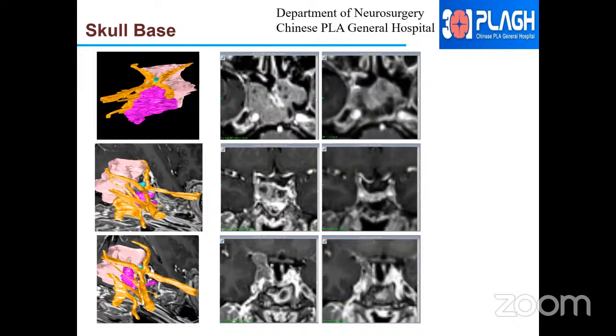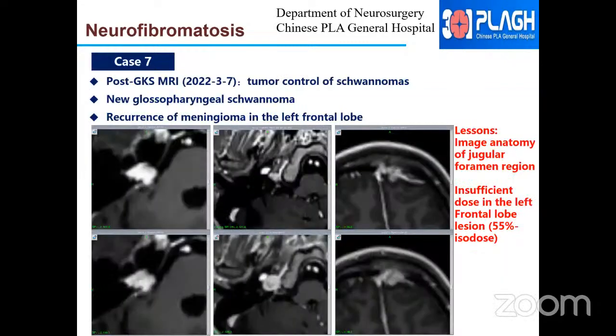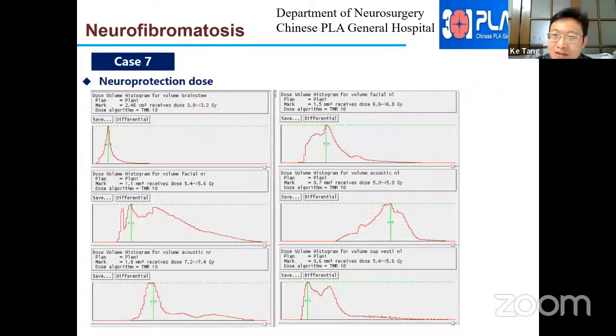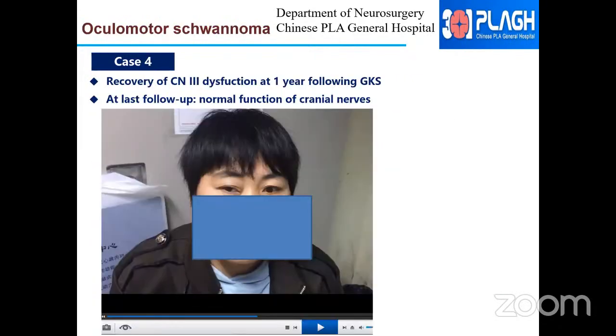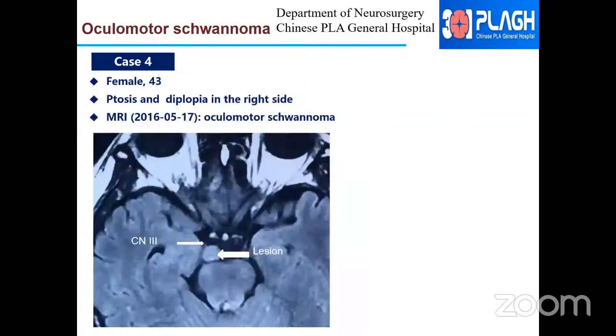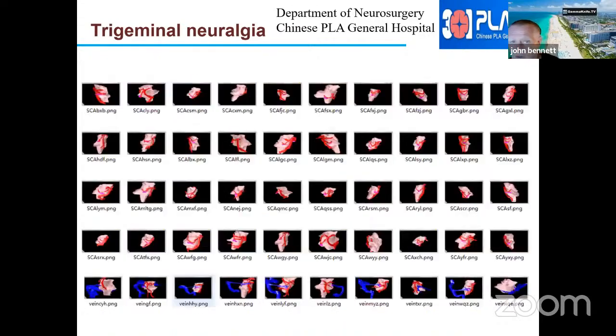Dr. Harshad Parekh, a neurosurgeon from India, asked, in trigeminal neuralgia, how long does it take to see improvements in the pain?